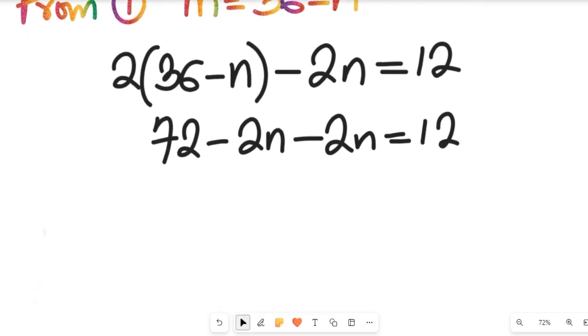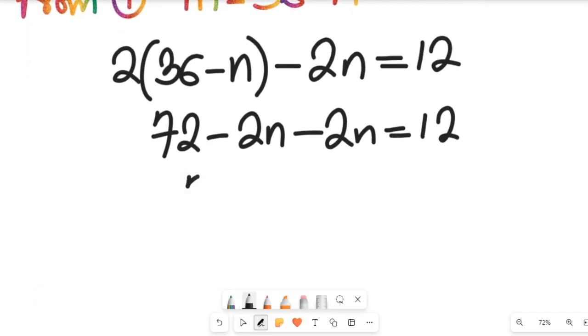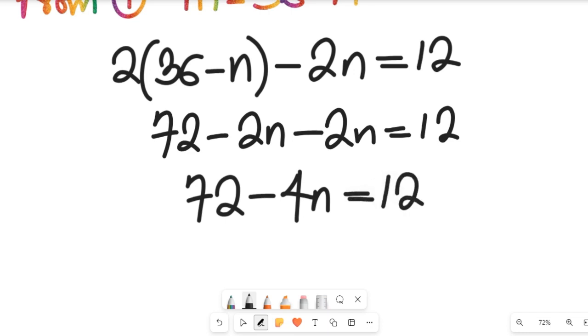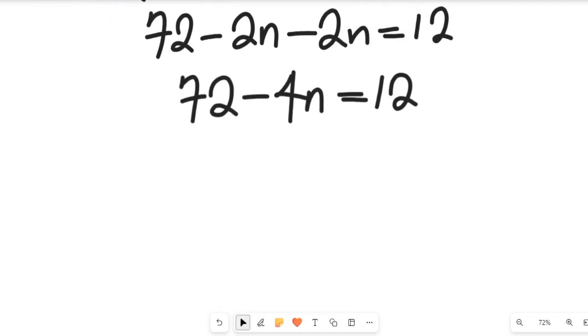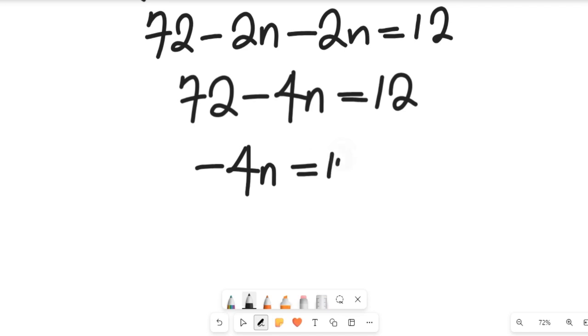So what do we have there? We're going to have 72 minus 4n equal to 12. Now, if we clear 72 from the left hand side, we're going to have negative 4n equal to 12 minus 72. That means we have to subtract 72 from both sides.